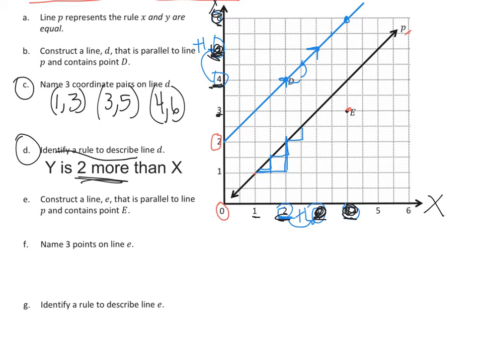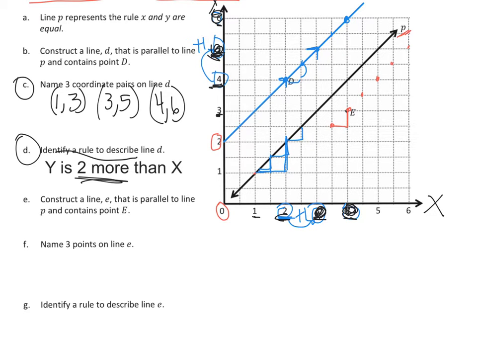But again, for P, I still know that if I go over 1, I have to go up 1. So if I keep that pattern going, I'm never going to cross P. And that's the same going down. If I go down 1, I have to go back 1.